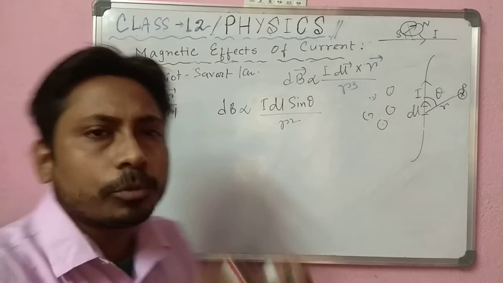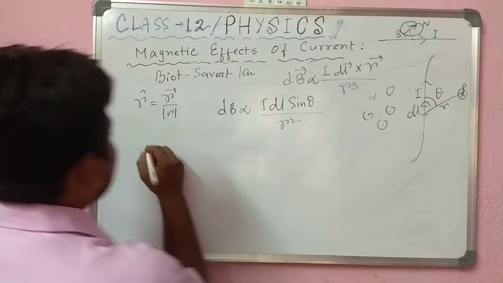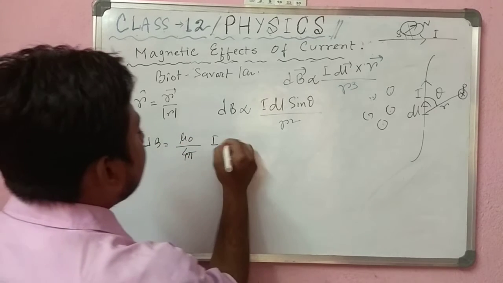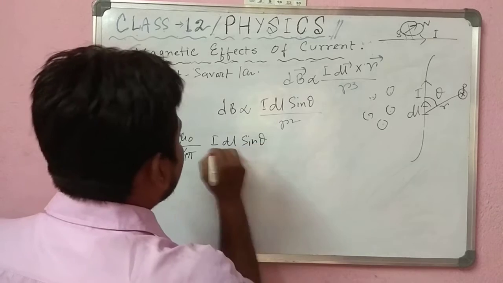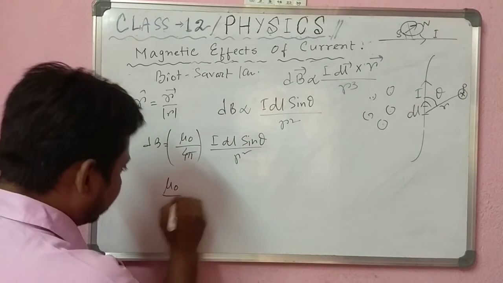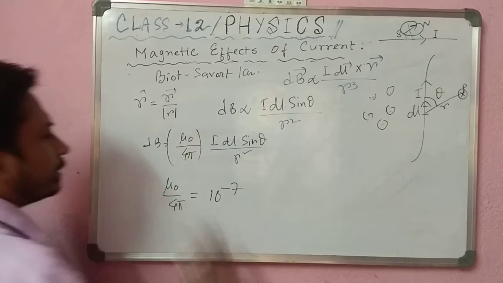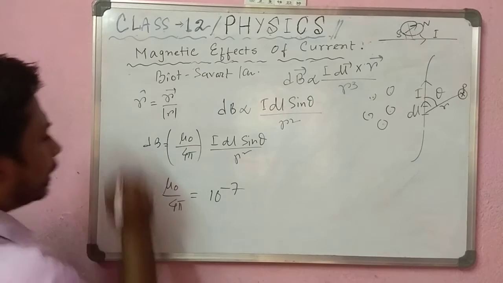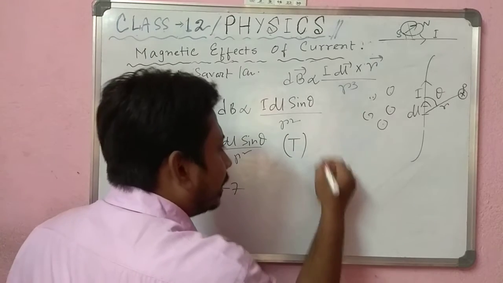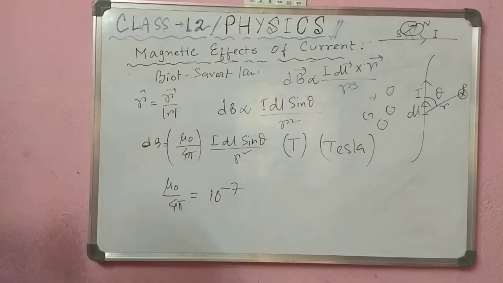If you want to place equal to, you have to write a constant, and the constant is mu naught by 4 pi, I dl sine theta by r square. The value of mu naught by 4 pi is 10 to the power minus 7, then put the unit. The unit of dB you can write as Tesla. T means Tesla, a very famous scientist.